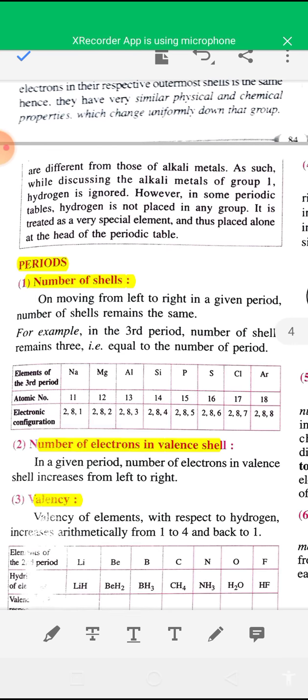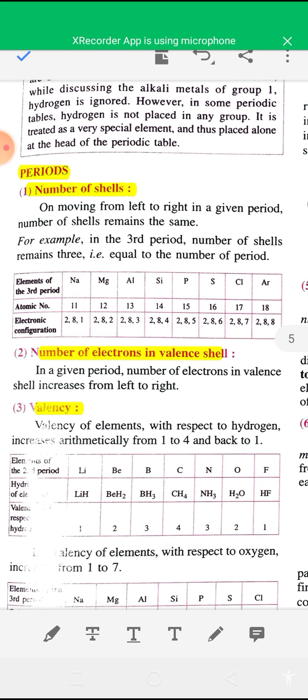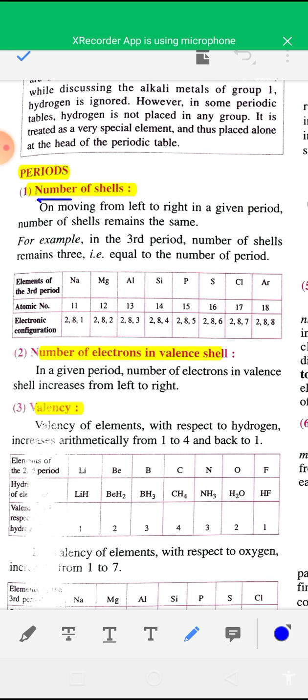Now the variation in periodic properties from left to right in the modern periodic table. Number of shells remains the same on moving from left to right in a given period, but number of electrons increases one by one.